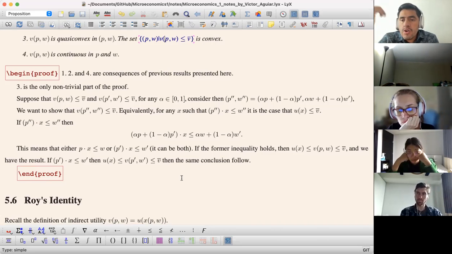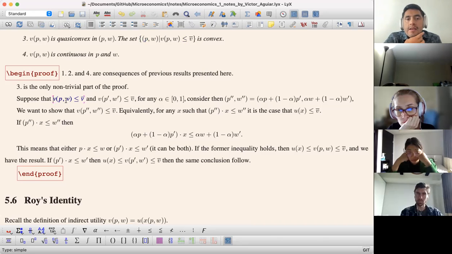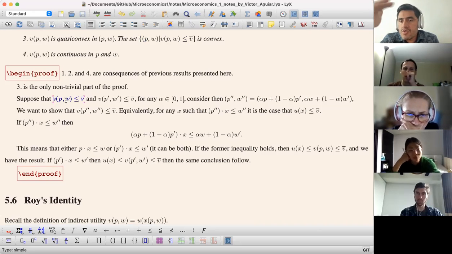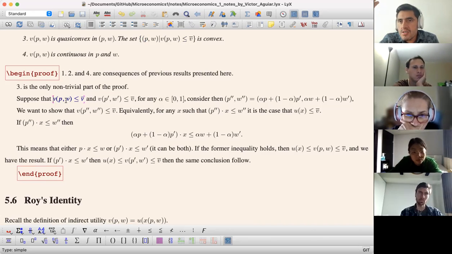Now, we're going to prove that this is quasi-convex. You already know the definition. I want to show that the set of prices and income is a convex set. I start with any V bar, which is a fixed number. You can imagine a number such as 1, an arbitrary number. So I'm saying the indirect utility for this given price and income is less than or equal to 1.